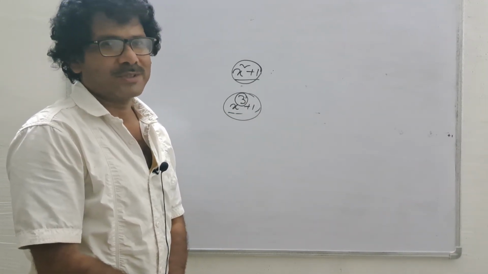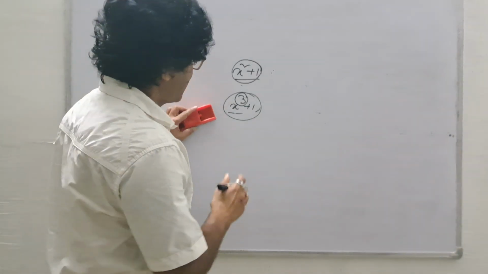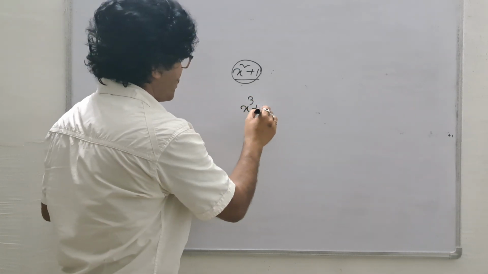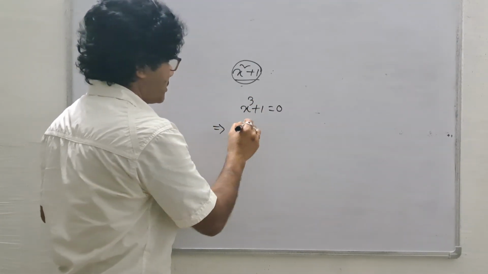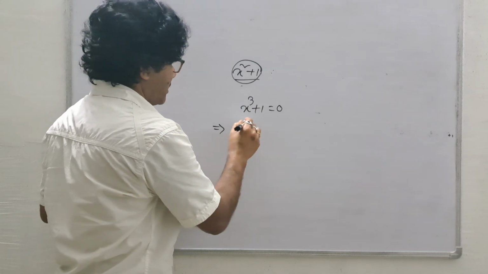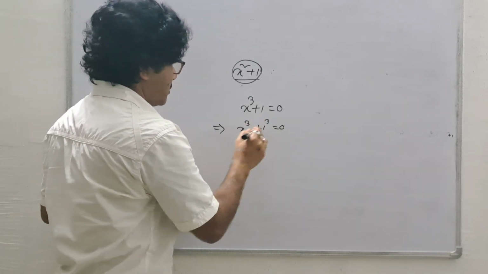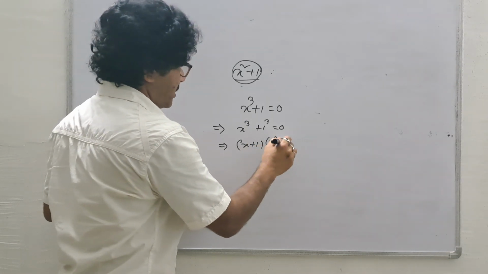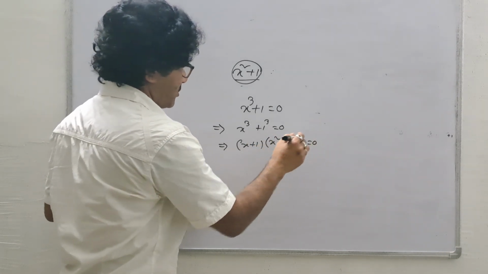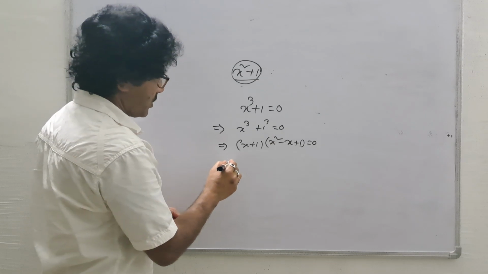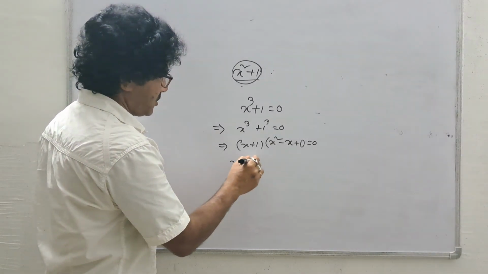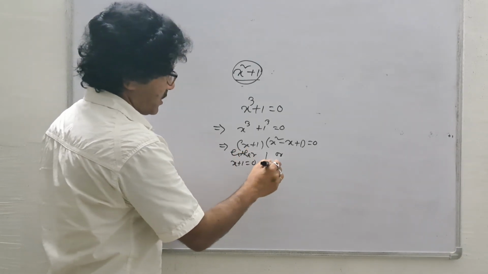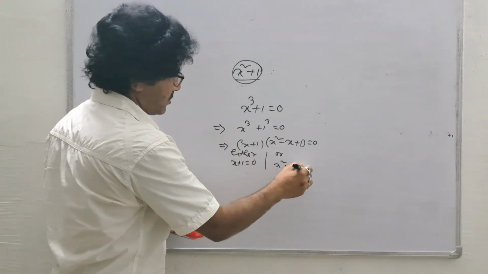Here, to get the zeros, you write x cubed plus 1 is equal to 0. Using the formula, x plus 1 times x squared minus x plus 1 is equal to 0. So either x plus 1 is equal to 0, or x squared minus x plus 1 is equal to 0.